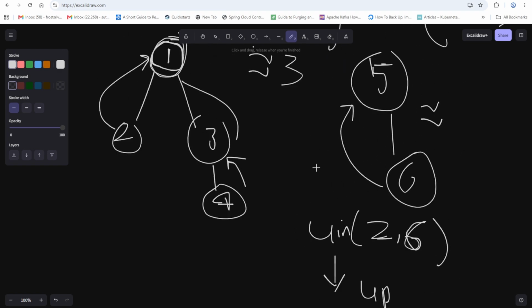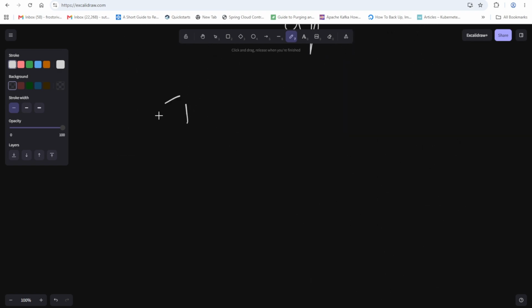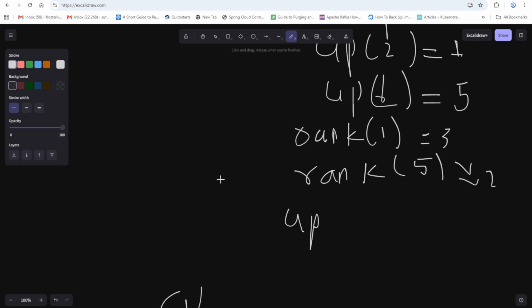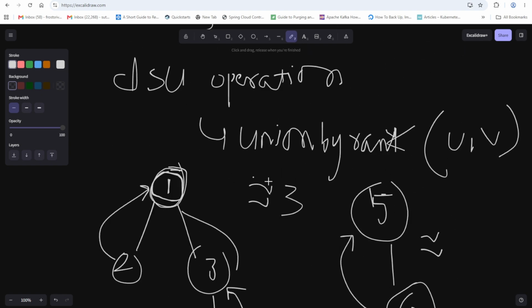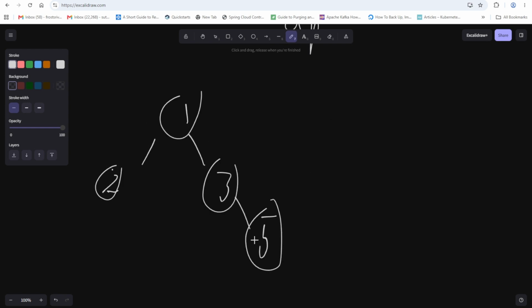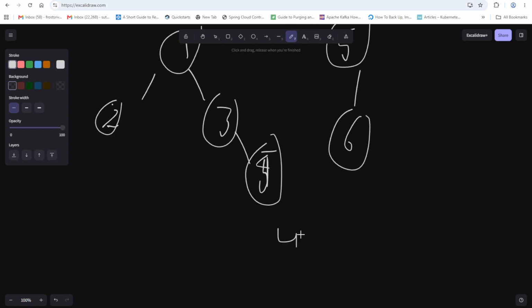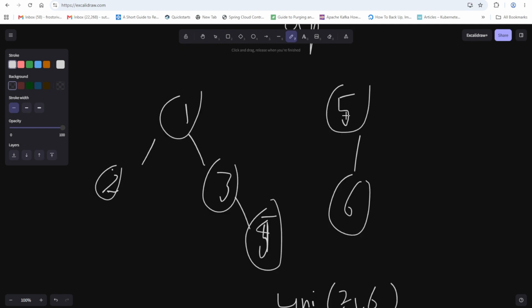Suppose this is the same graph. We take 1, 2 and 3, then 4, and 5 and 6, and we are doing the union of 2 comma 6. So we have found the ultimate parent 1 and the ultimate parent 5 of 6, and we have found their ranks.